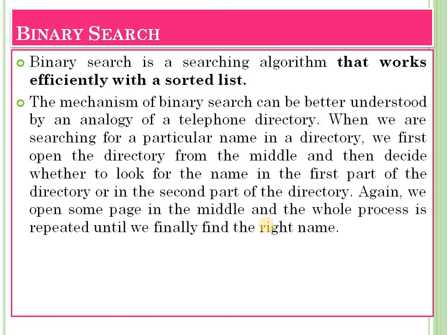Suppose we have to find a number using a name starting with N, then we check whether our current page is before the N or after the N. Depending on that, we decide whether we have to go to the first part or the last part. This is what binary search is.